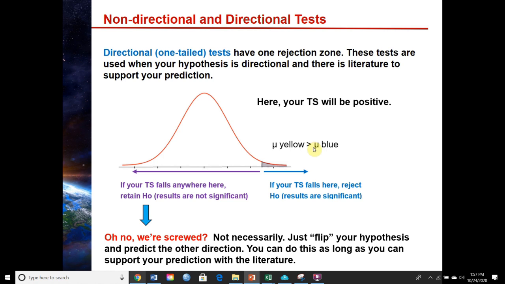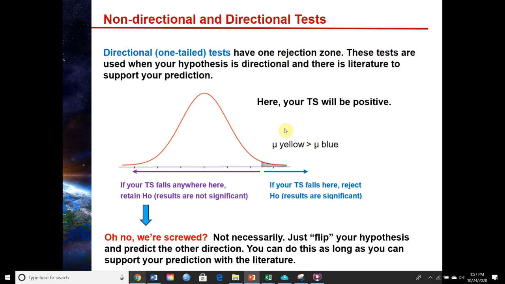If you get results that are opposite to what you predicted, well, the rules say you just have to make a prediction, right? So changing this does not violate a rule. Just change the direction of the prediction. And what's the second part of the rule? You have to have literature now to support that new prediction.